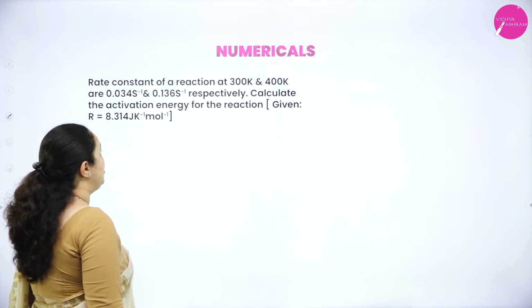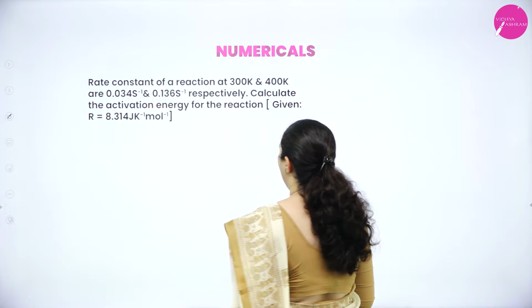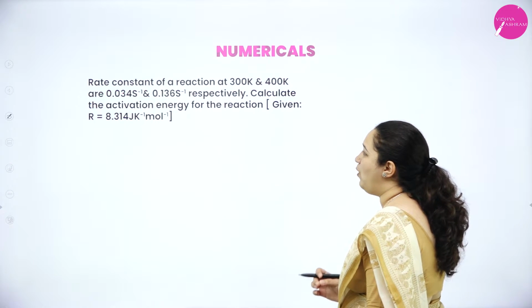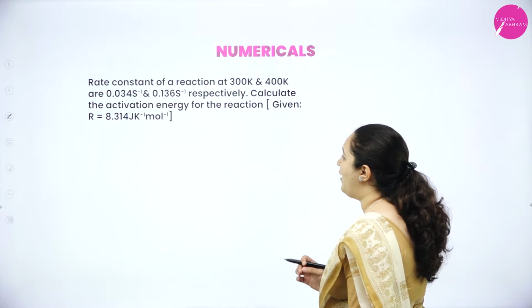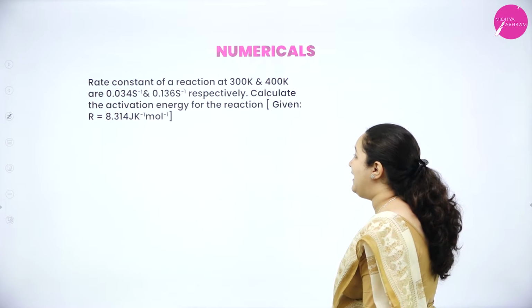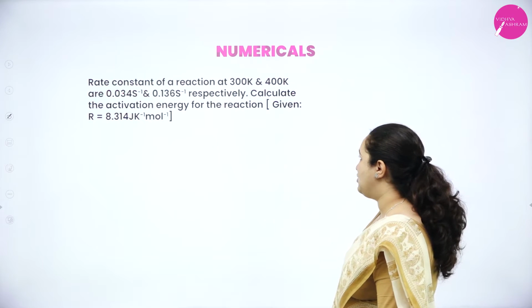First question: the rate constants of a reaction at 300 Kelvin and 400 Kelvin are 0.034 per second and 0.136 per second respectively. Calculate the activation energy for the reaction.